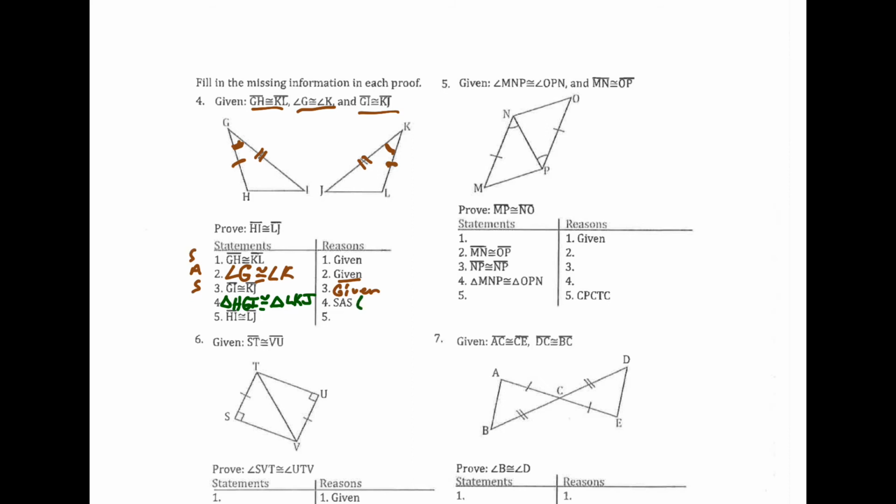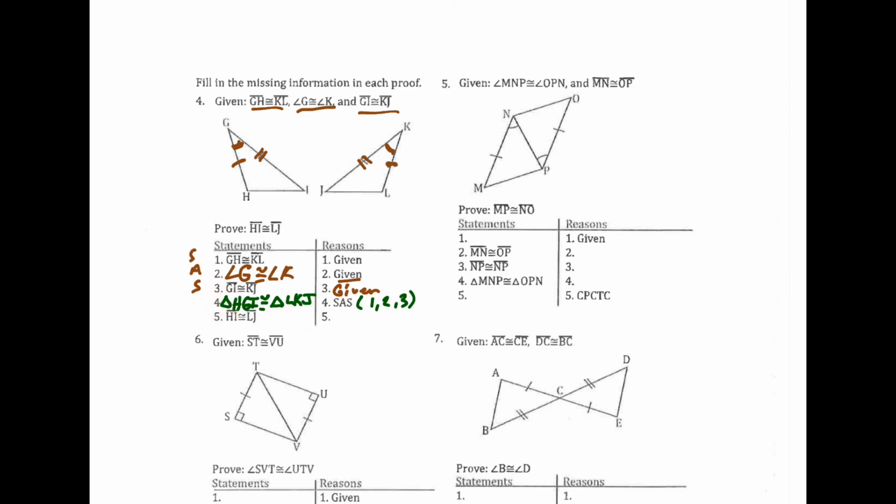And my side angle side is going to be step 1, step 2, and step 3. Anytime you see something like side angle side or side side side or RHL, you know that your statement should be saying that triangles are congruent.